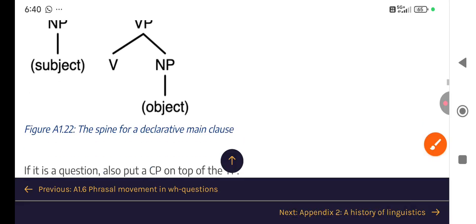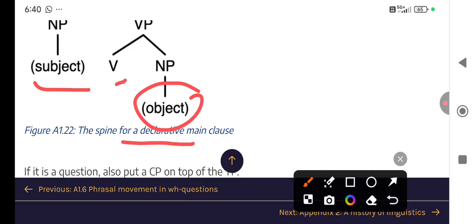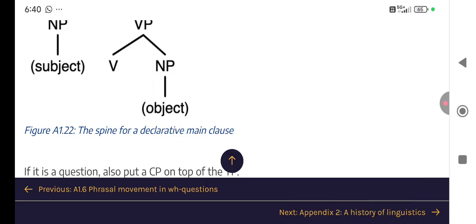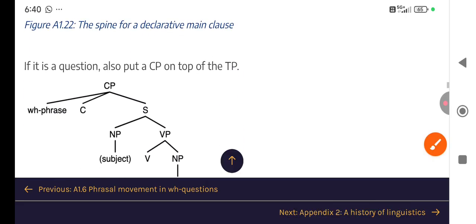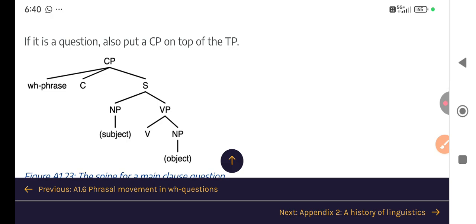Declarative main verb clause is what? Because this is a simple sentence, suppose, and the main clause is this one. So subject, then verb, and then noun phrase. That's the first step. When we do it, you'll be able to understand. If it is a question, also put a CP on top.